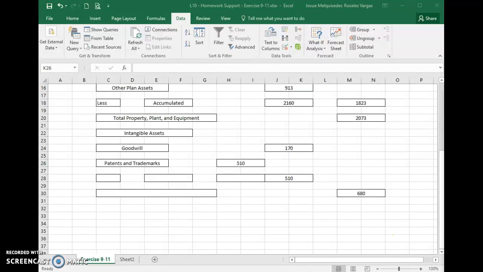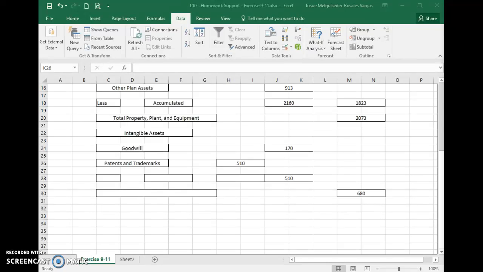For intangibles, we don't have accumulated depreciation. However, companies record amortization of intangibles as a direct decrease. Intangibles do not usually use a contra asset account like the contra asset account accumulated depreciation used for plant assets.